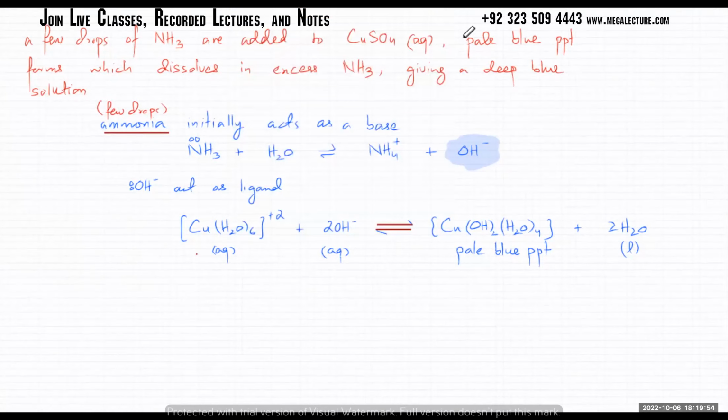But when you add ammonia in excess, that's when ammonia starts behaving as a ligand. So when your NH3 is added in excess, it starts acting as a ligand.